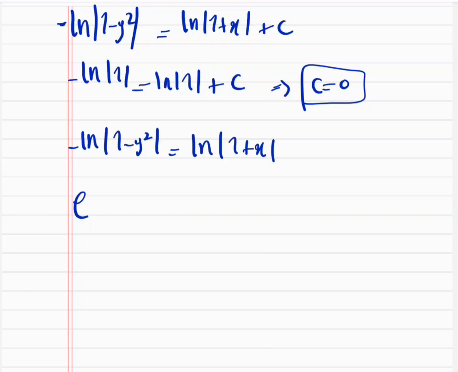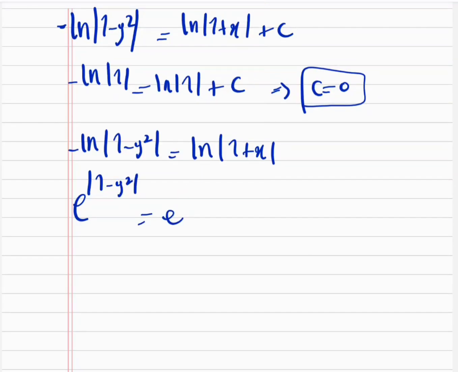We can also multiply both sides by negatives, so that we'll have e to the power of ln modulus 1 minus y squared is equal to e to the power of minus ln modulus 1 plus x, but later we'll apply this negative, and that just makes this 1 over 1 plus x.